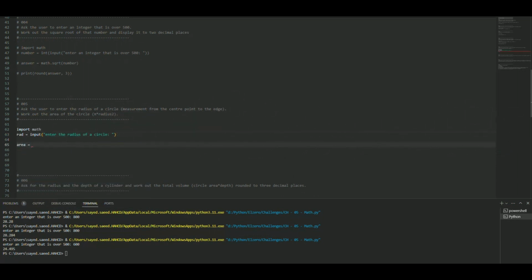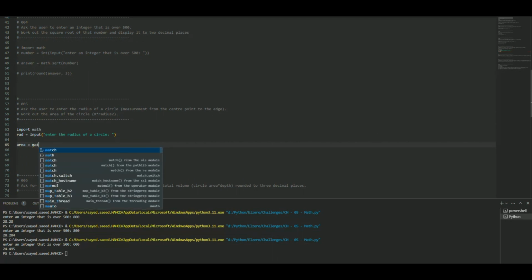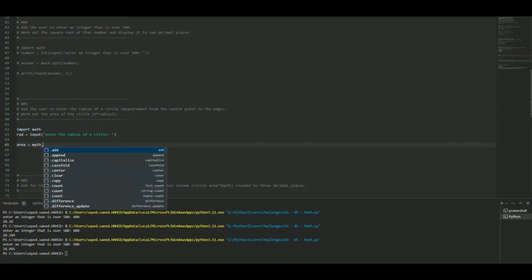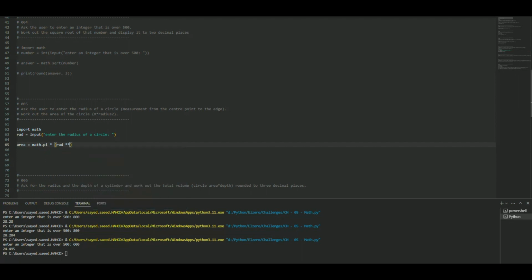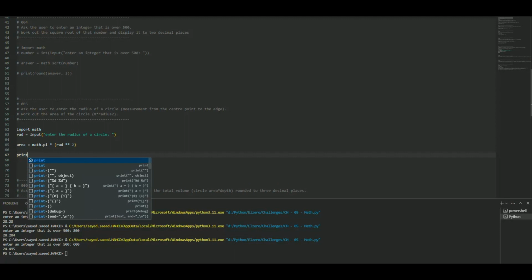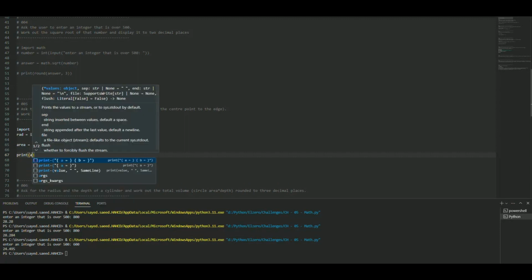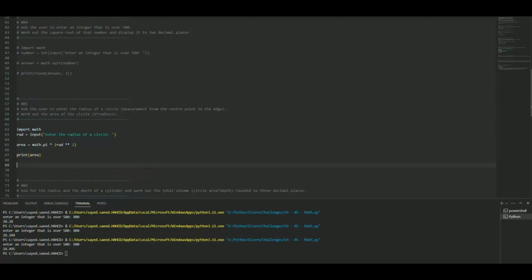Area then will be math dot pi by radius to the power of 2. Okay, print area. Okay, that is the area of the circle.